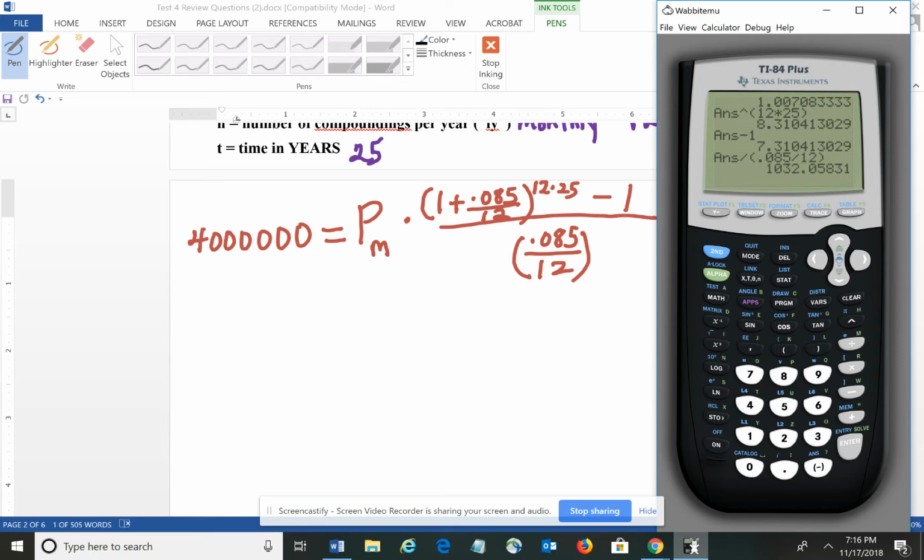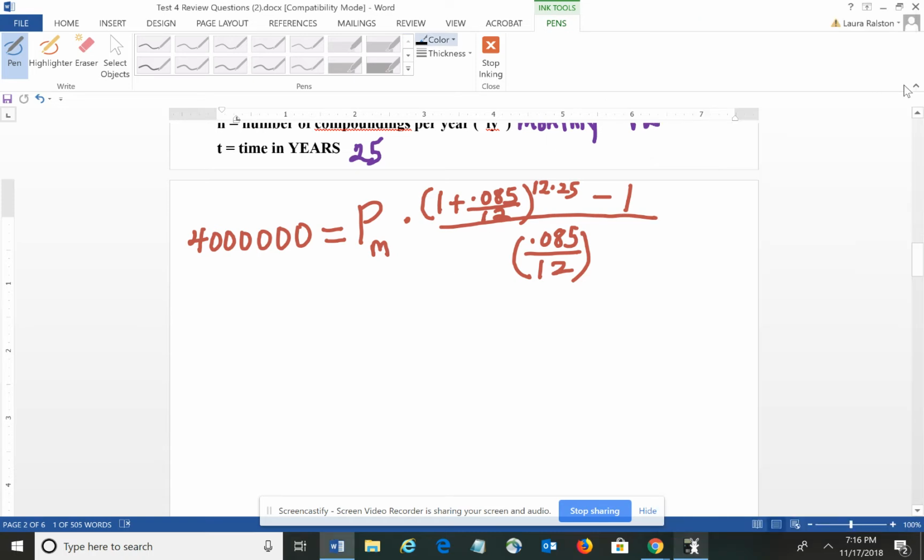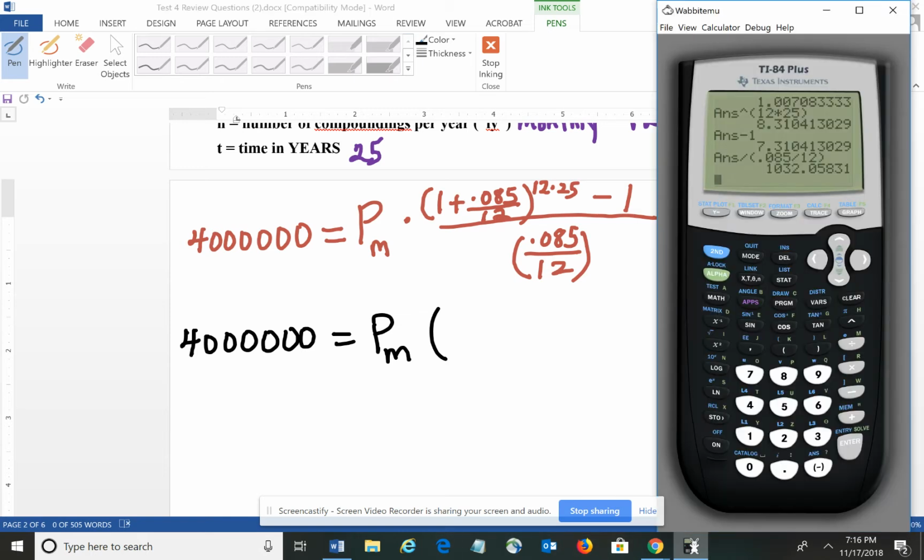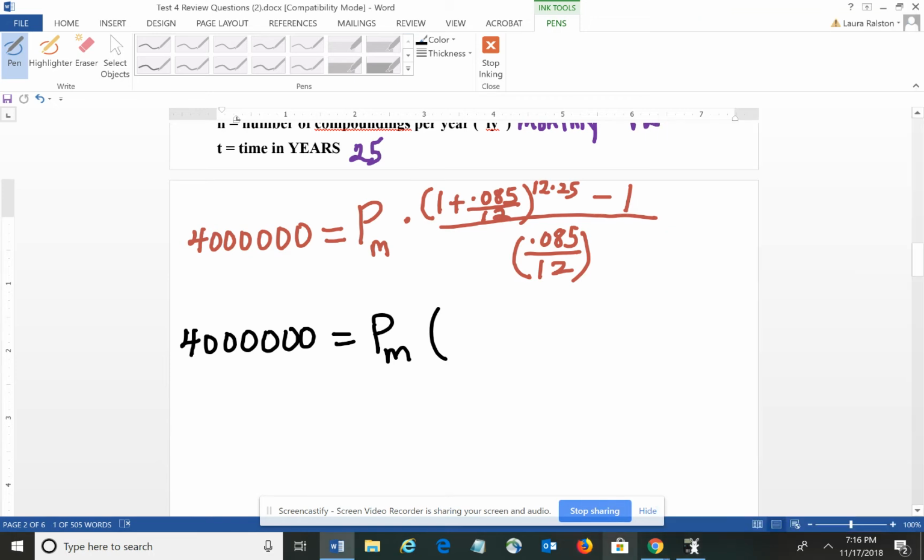So once you've done all this calculation in that big fraction, what we have is 4 million equals some payment amount times, and let's see what that number was, 1,032.05831.